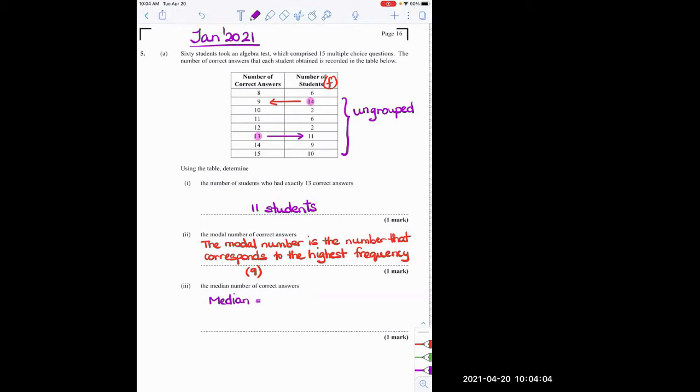So to find the median for ungrouped data, the formula is a half of n plus 1, where n is the cumulative frequency. So work out that for me.